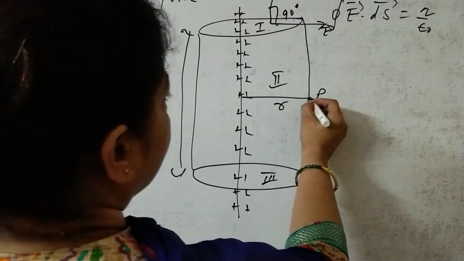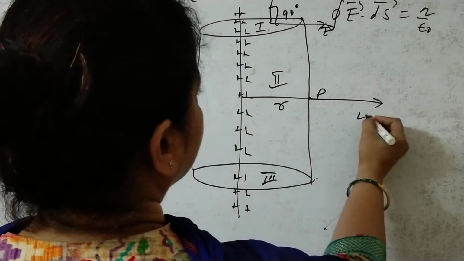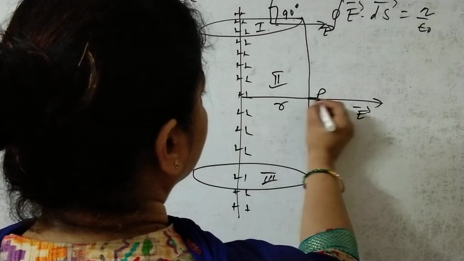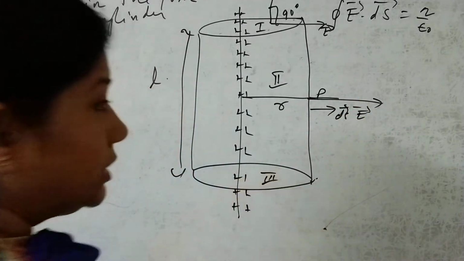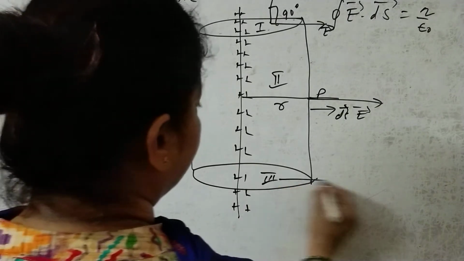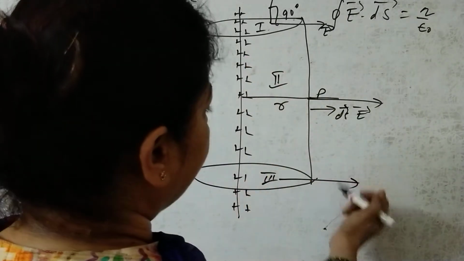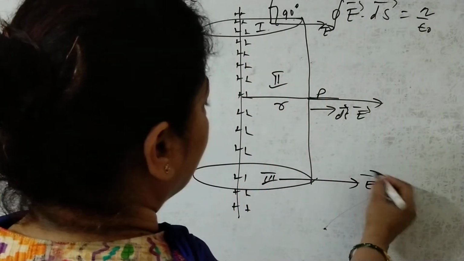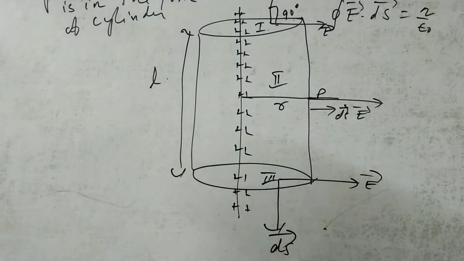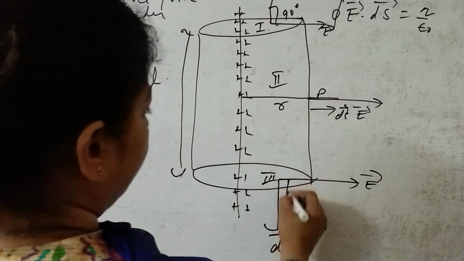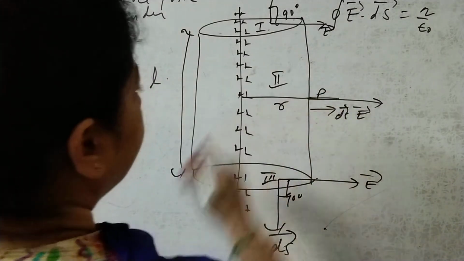For the curved surface, E vector is outward and the area vector is also in the same direction. For the bottom surface, because the charge is positive, the electric lines of force are outward, and the area vector is in the perpendicular outward direction, again making an angle of 90 degrees. Here, for the curved surface, the angle is 0 degrees.